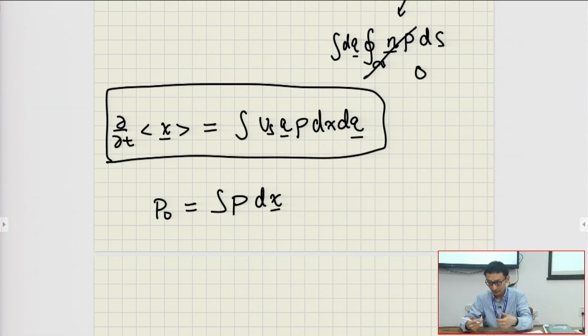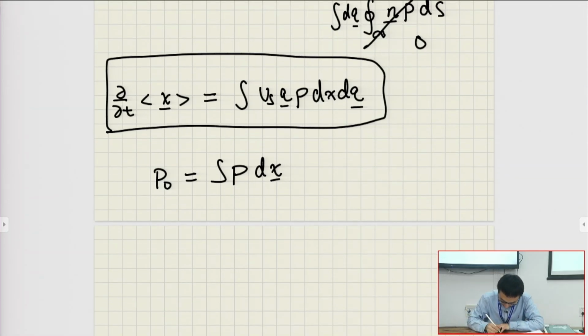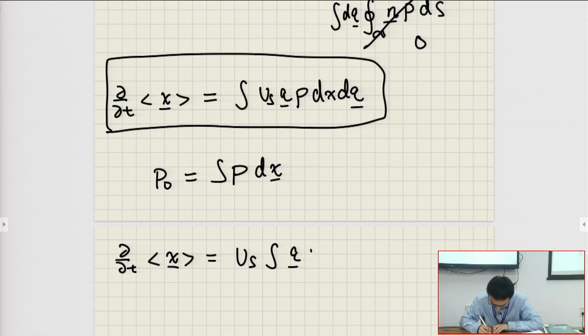That's the definition. Because I've defined this quantity, I can rewrite this equation in terms of P naught, with the integral of q P naught dq.